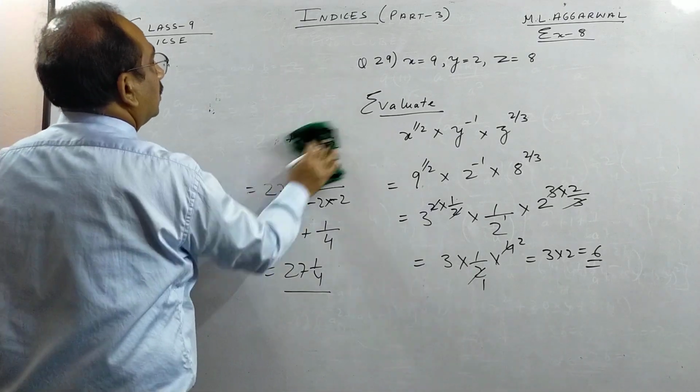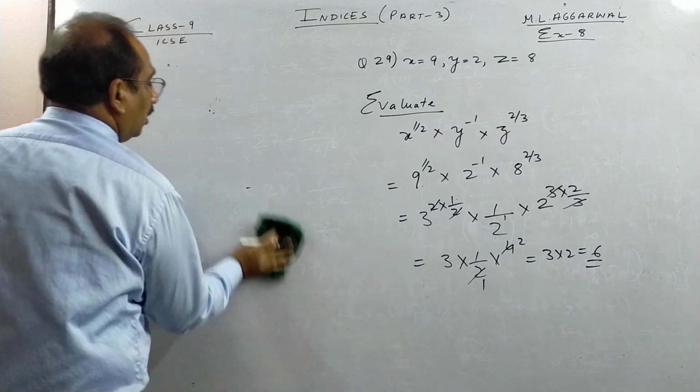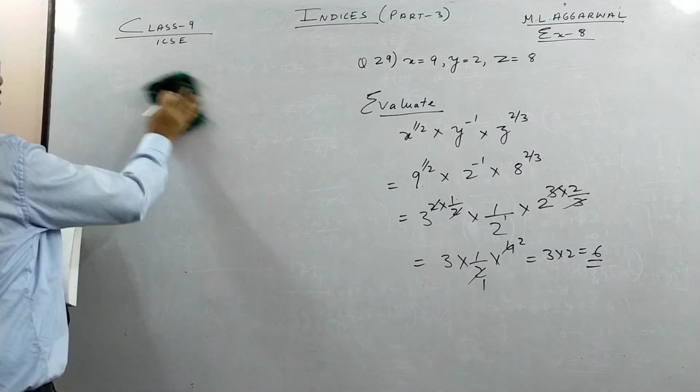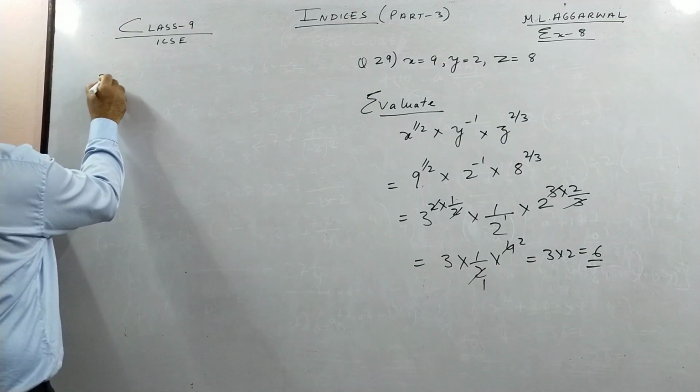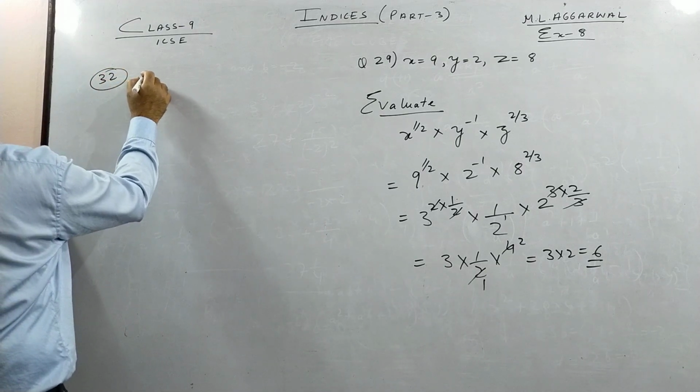So question 32, if you see, children, it is a proof question, so you will not get the answer at the back. What is the question?